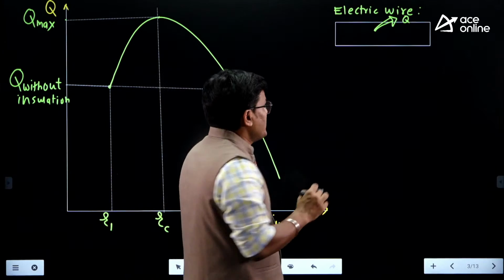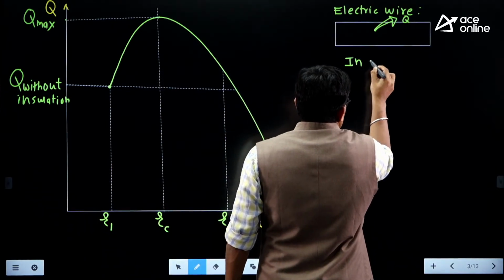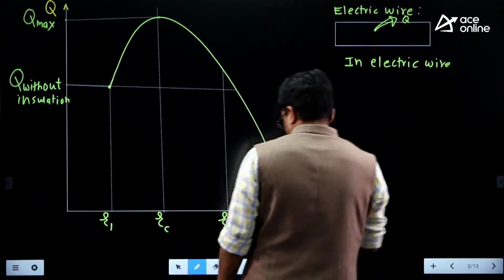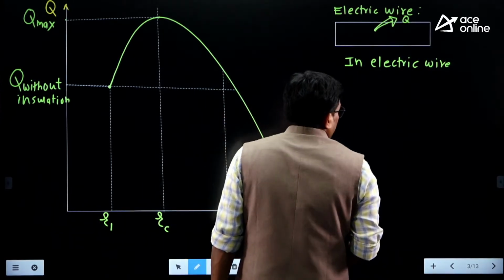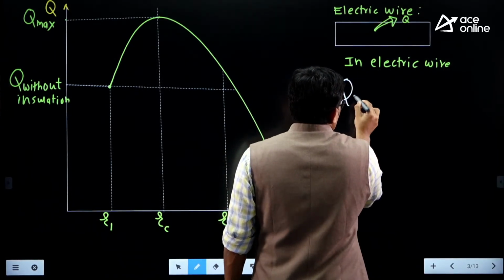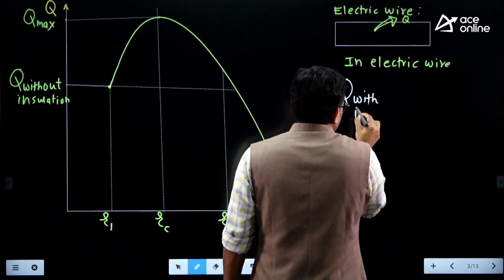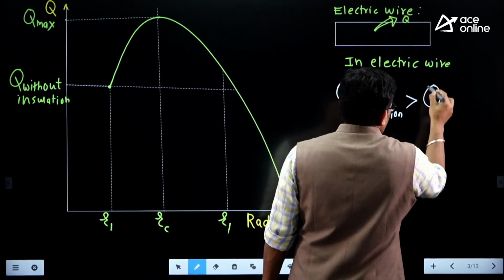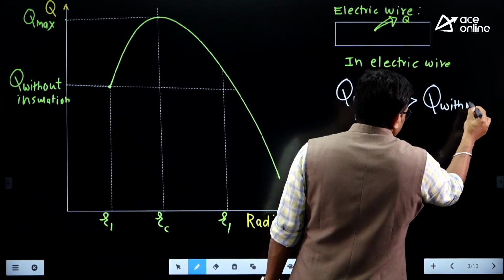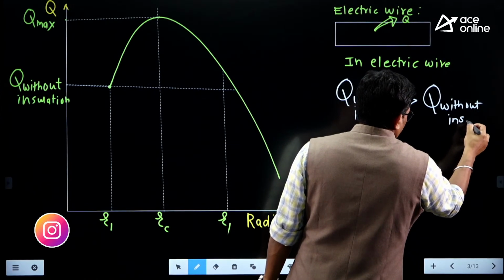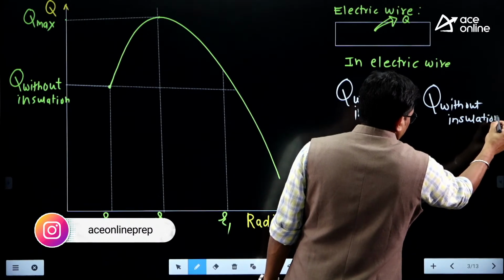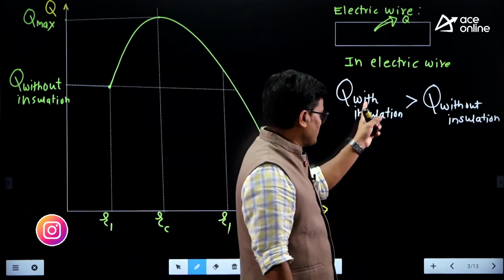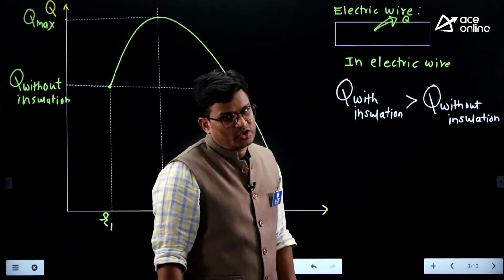So please listen carefully. In case of electric wires or conductors, make sure that Q with insulation should be greater than Q without insulation. So please take care of that. In case of electric wire, Q with insulation greater than Q without insulation.